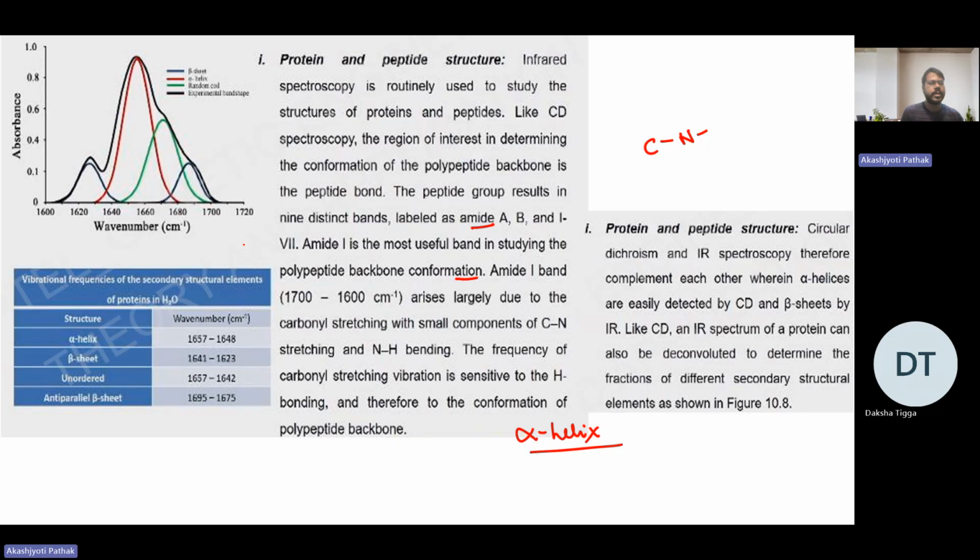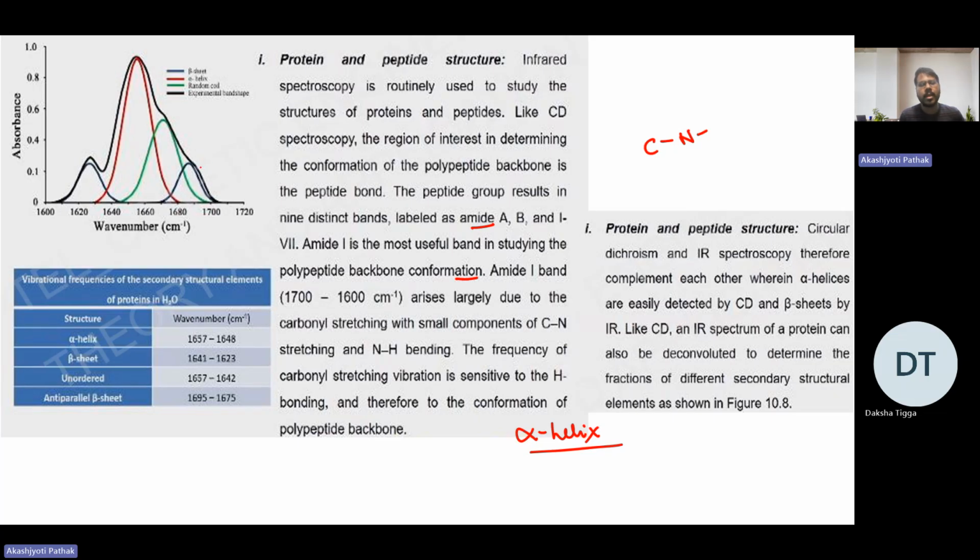Okay, so you can see here that alpha helix has molecular vibrations in this frequency range, 1640 to 1657, beta sheet 1623 to 1641.